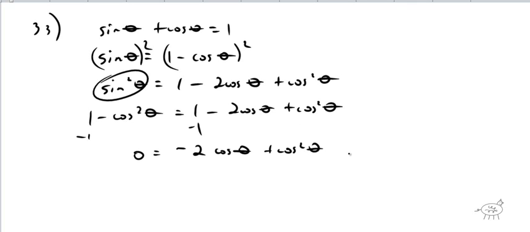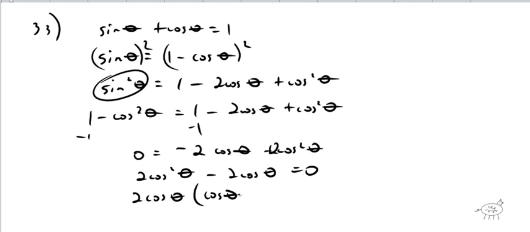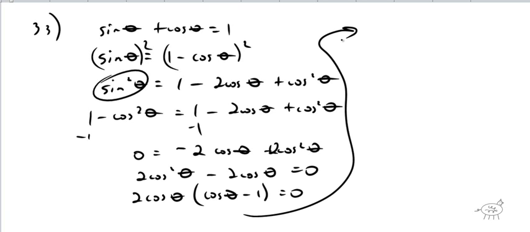And just because I like to put it in a nice format, this is 2 cosine squared of theta minus 2 cosine of theta equals 0. So I can factor out a 2 cosine of theta, and I get cosine of theta minus 1. So 2 cosine of theta equals 0.